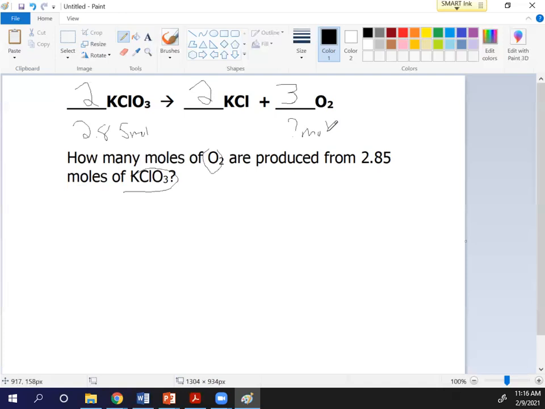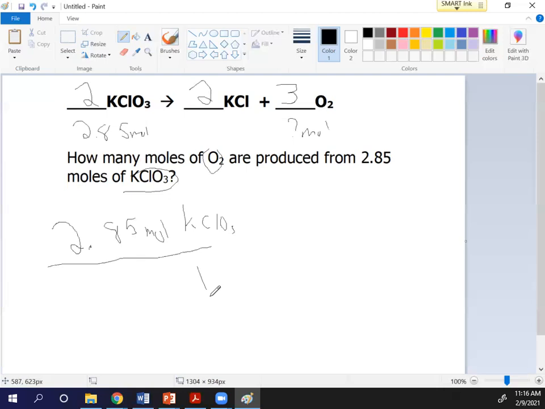So back to what Anaya said, I take what I know and I put it over 1. So I have 2.85 moles KClO3, and I put it over 1. Now back to my notes, I'm in the moles known box, okay?